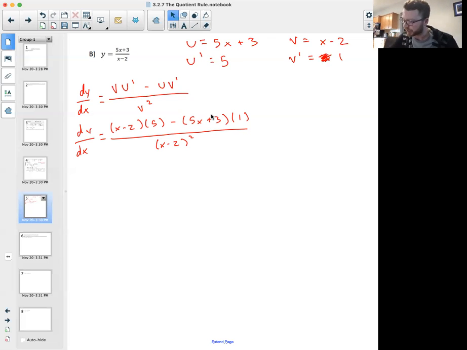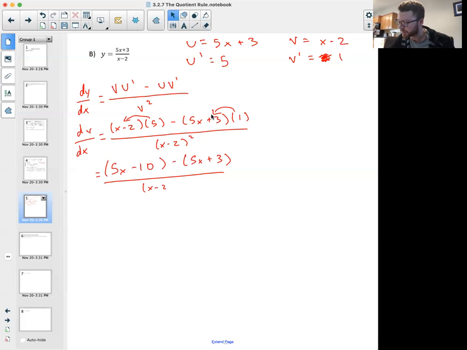We can distribute the 5 into this bracket, and same with the 1, but that won't change anything. So this will give us 5x minus 10 minus 5x plus 3 over x minus 2 squared.